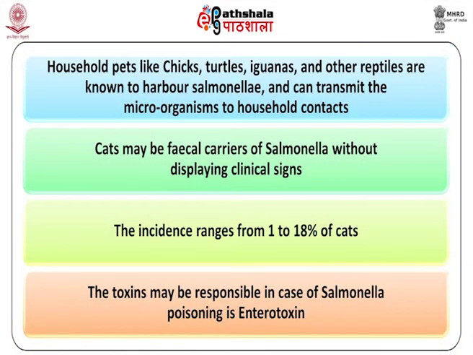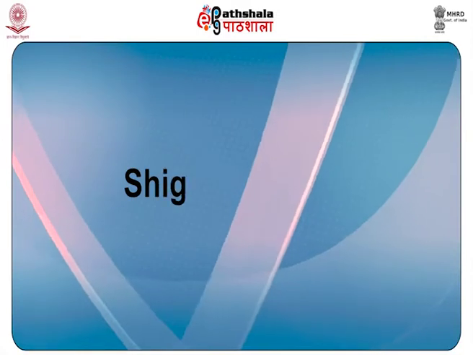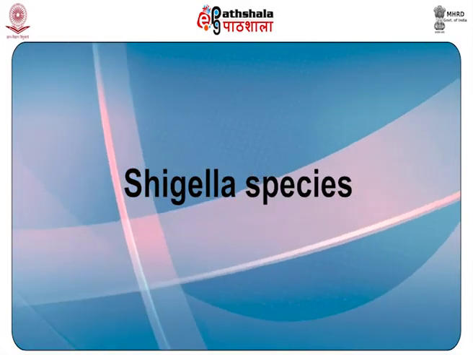Household pets like chicks, turtles, iguanas and other reptiles are known to harbor Salmonella and can transmit the microorganisms to household contacts. Cats may be fecal carriers of Salmonella without displaying clinical signs. The incidence ranges from 1 to 18% of cats, and the toxin responsible in case of Salmonella poisoning is the enterotoxin.